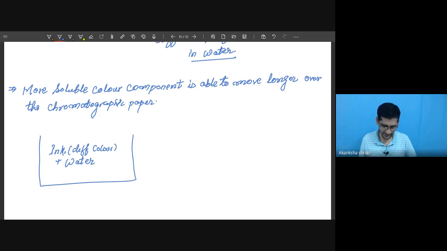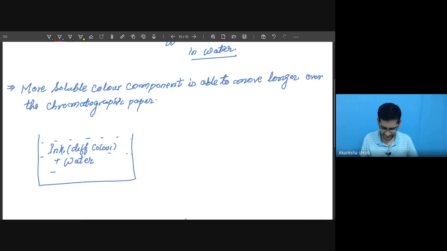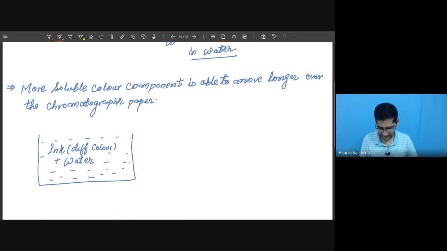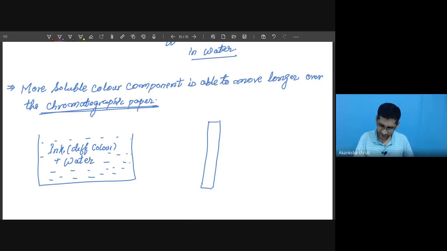It is like this one. Now there is a paper like filter paper. It is nothing but like the filter paper itself, called chromatographic paper, which is present in the form of strips, rectangular.